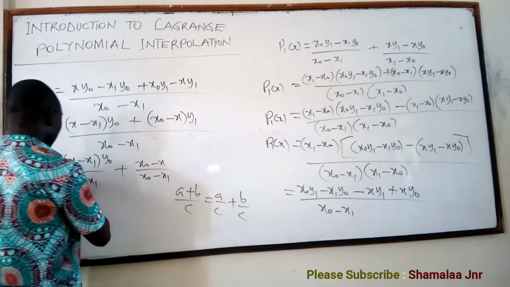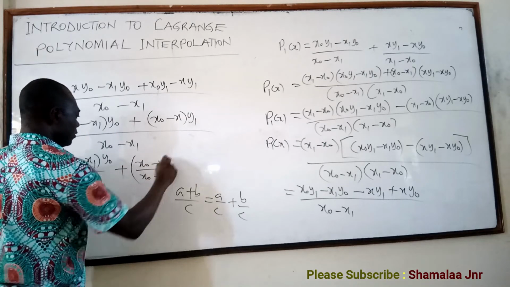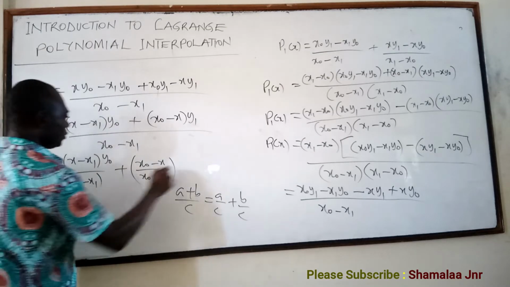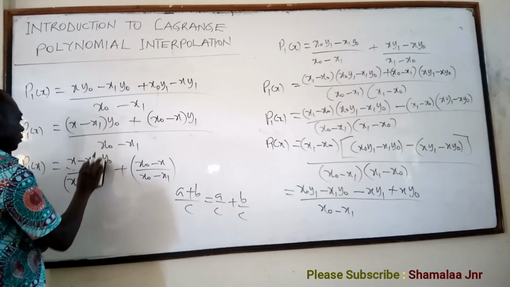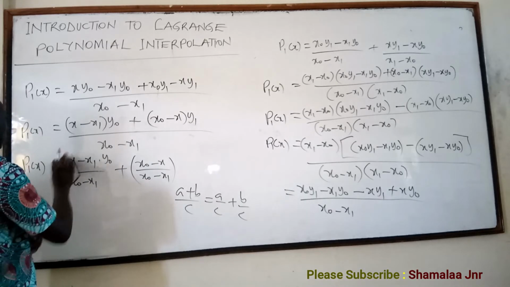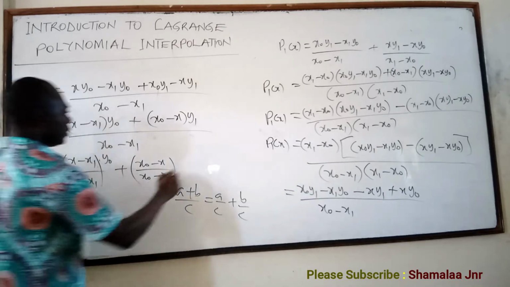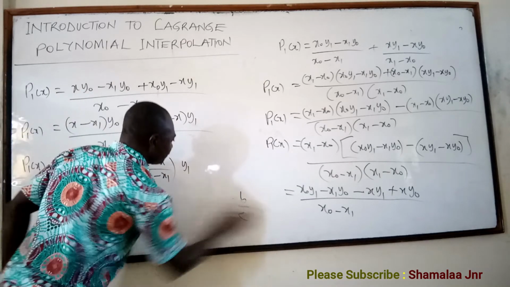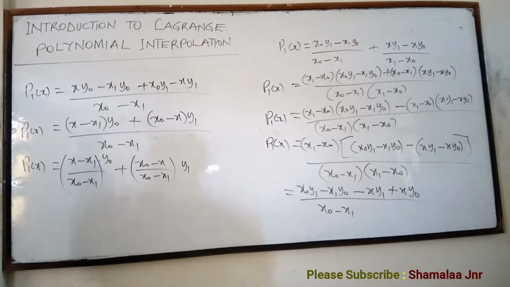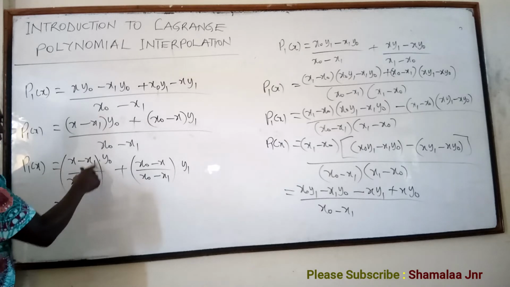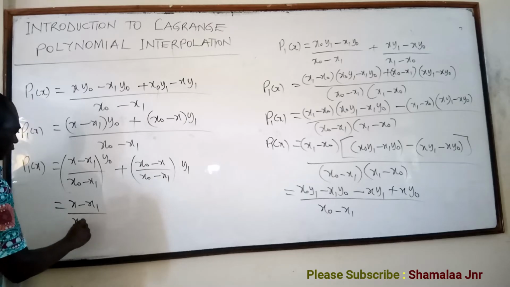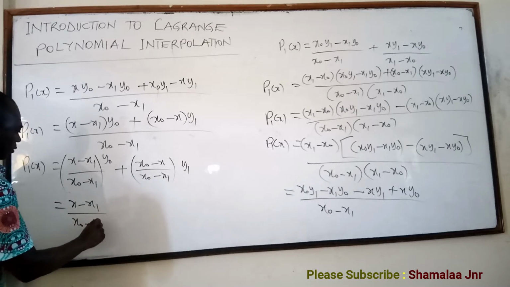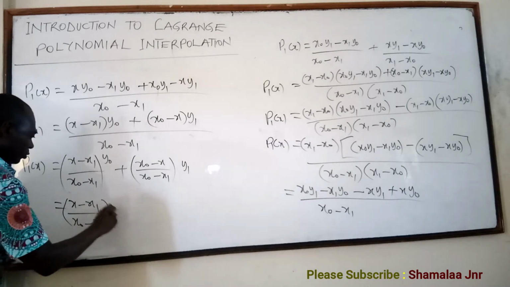Isn't it? So I can put this in back. I can do this. Let me do this one this way, and then y1. Isn't it? Now, this is equal to, you see that this one is x minus x1, and this x minus x1 all over s0 minus x1 y0.